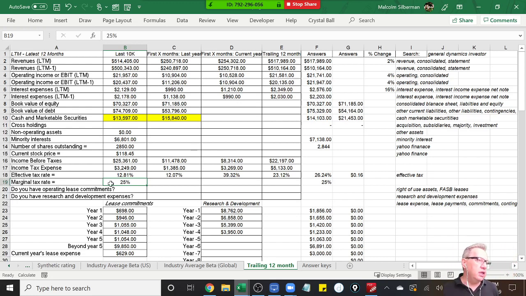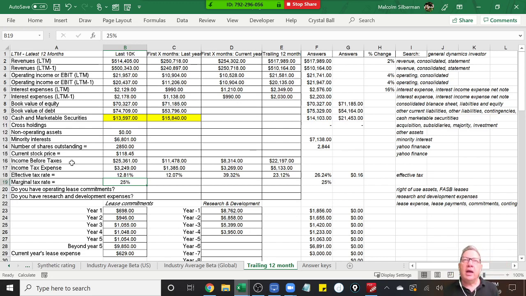You'll notice it's been done here with the LTM method, because income before taxes and income tax expenses are from the income statement. So we're going to get these numbers from the income statement and figure out what they're effectively paying. You can also look in the thing where they actually disclose it.